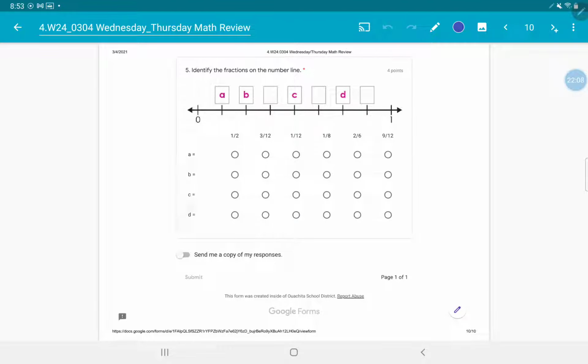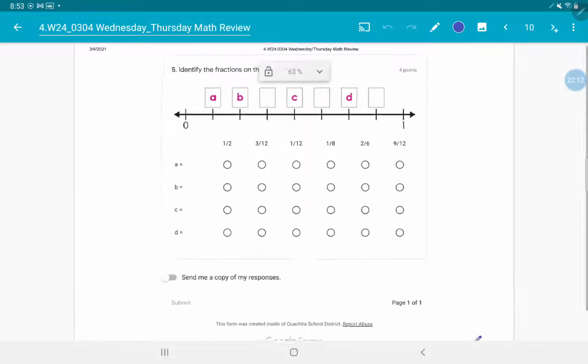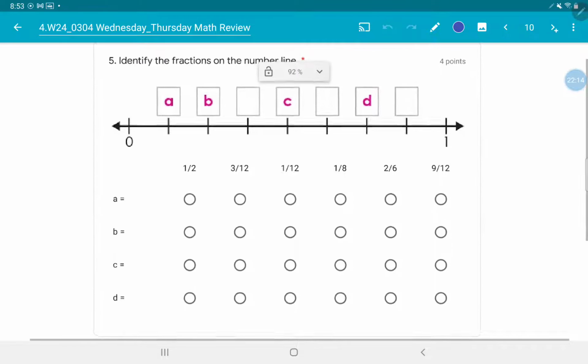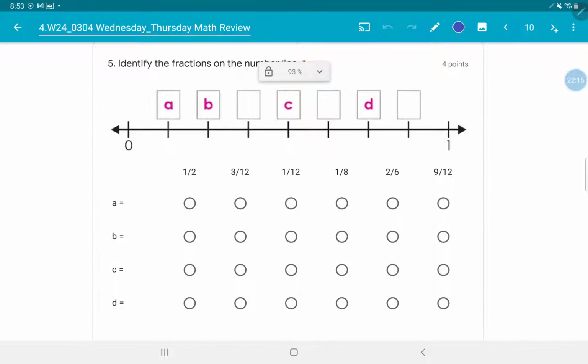All right. Last one, we've got to identify some fractions on this number line. We have a number line split up between 0 and 1. We're looking to see how many equal sized pieces there are.